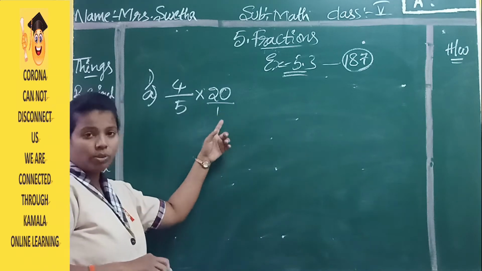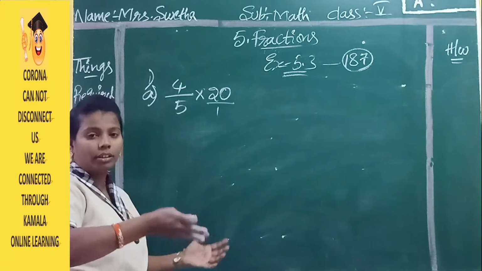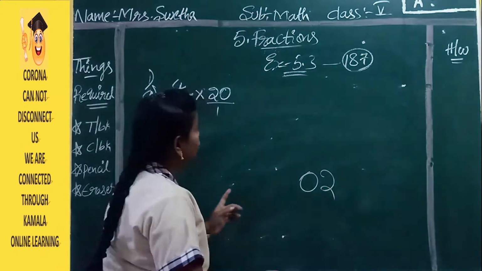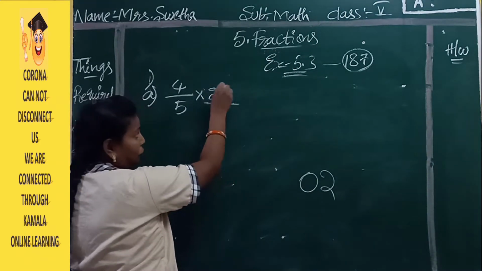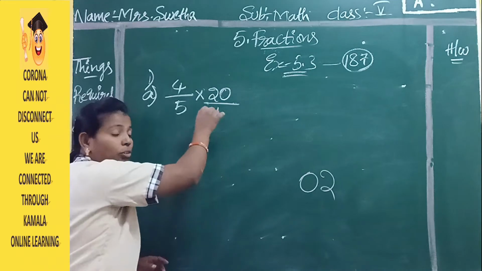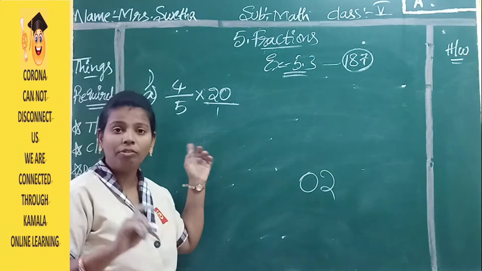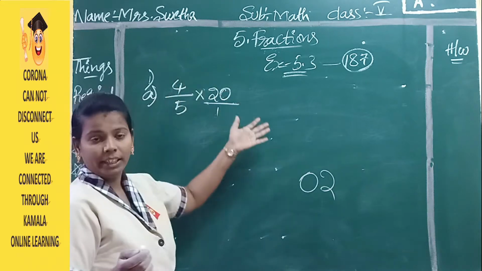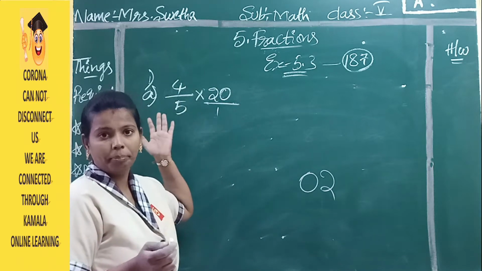Just like before any number, if you have 0 you will not consider it. Here also, if you don't have anything in the denominator place, you have to think of the denominator as 1. Whether 1 is there or not, it will not make any difference to the number.